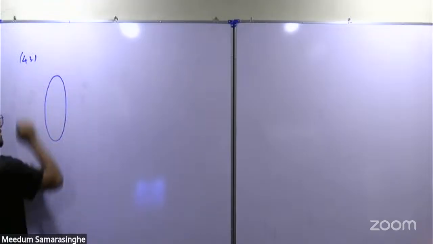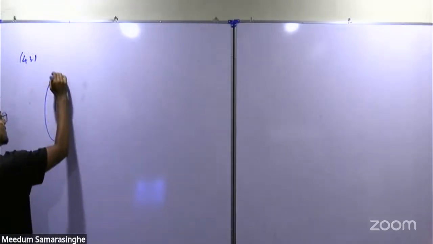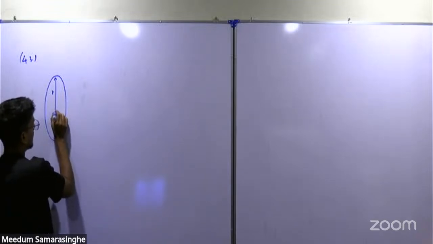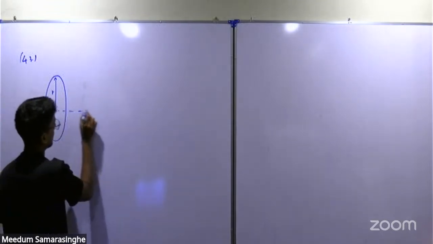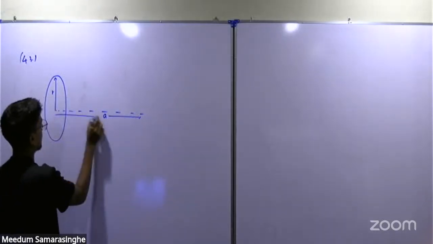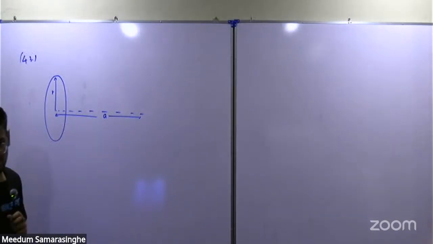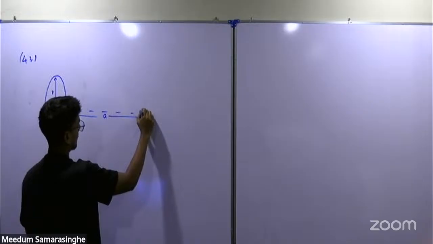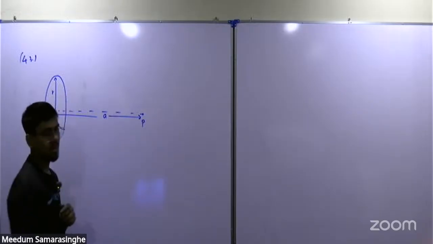The radius of the ring is given, that is R, and the distance from the center to the point P along the axis is A, right? That is given. First I'm going to find the electric field strength at point P.